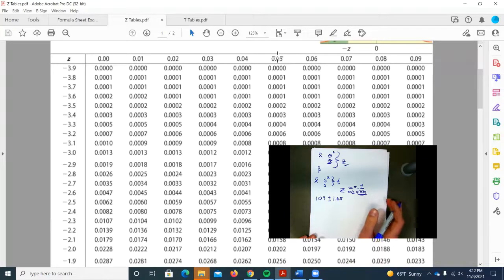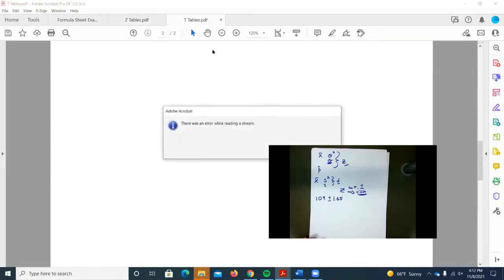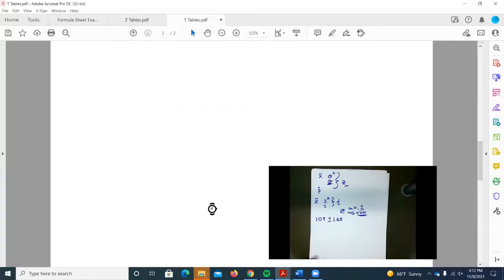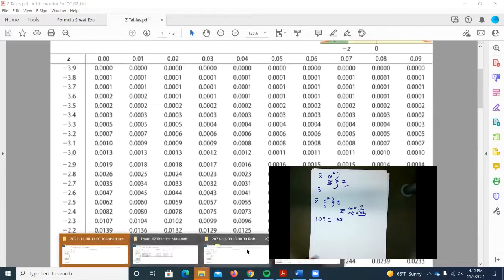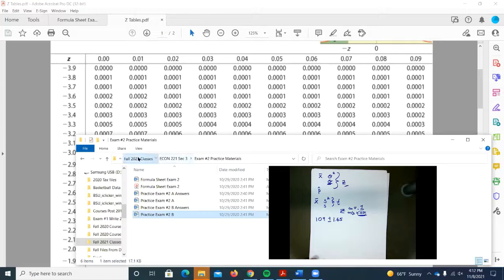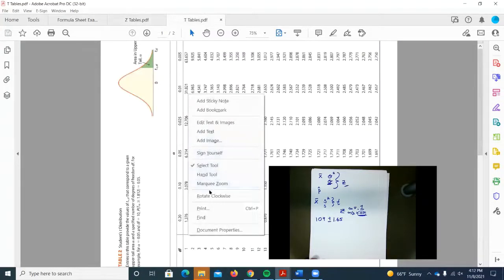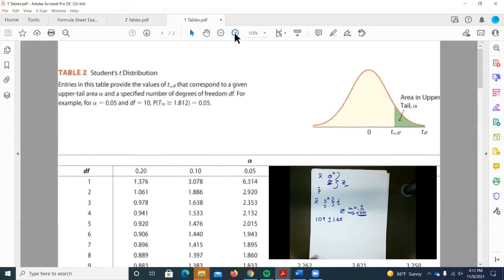Now, what's another way I could have been even more precise here? A shortcut, and this really becomes a shortcut when we're looking up critical values. I think I've got the student T table sitting out here. There we go. So I could have used the student T table, right?